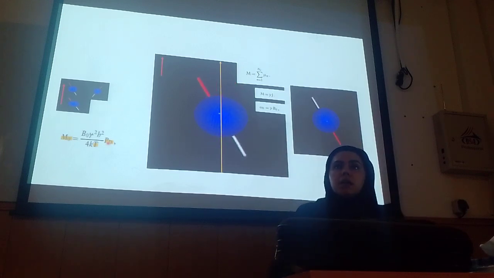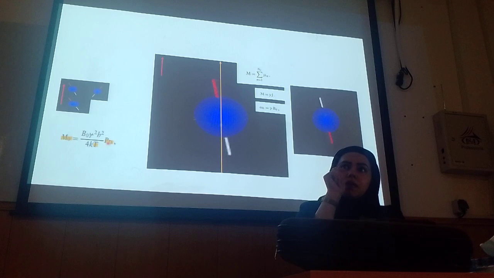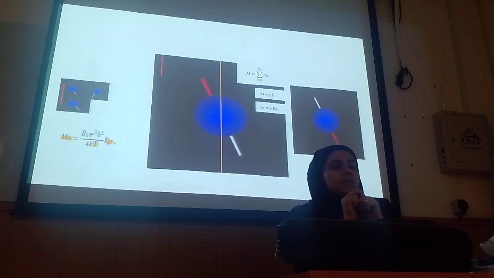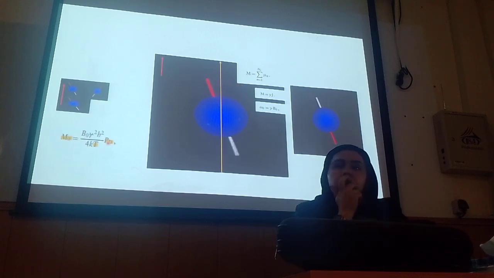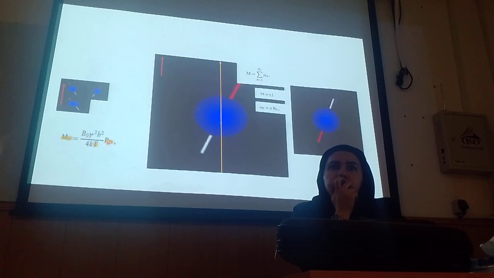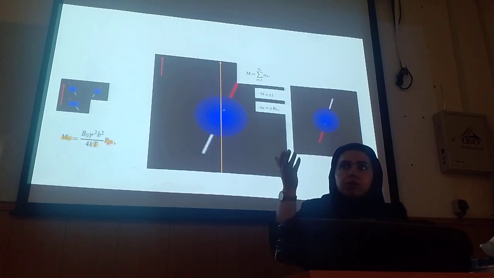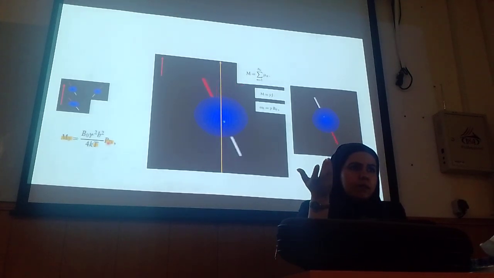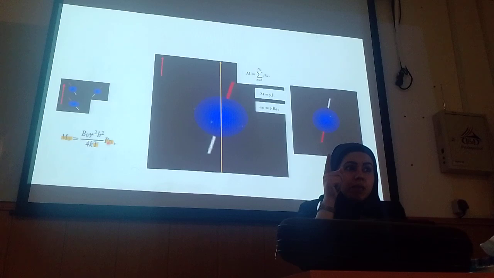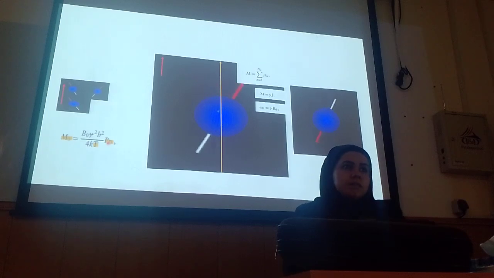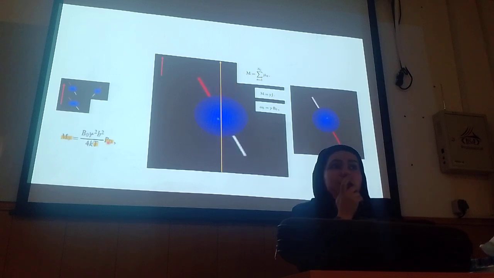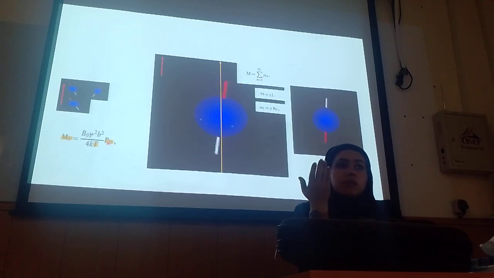We can say this tissue has lower proton density, this tissue has higher proton density. This tissue must be at the same value of proton density. And now what appears here differently, this tissue may be sick. This may be a lesion, not a normal tissue.